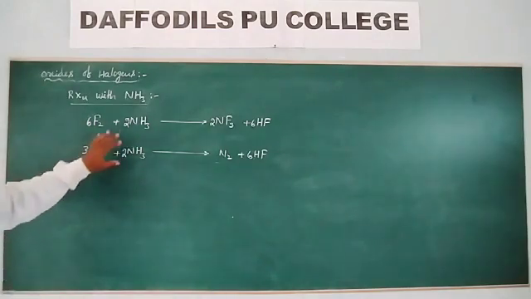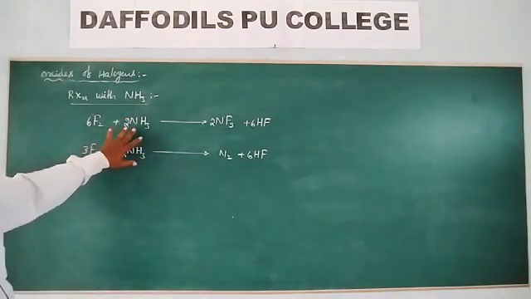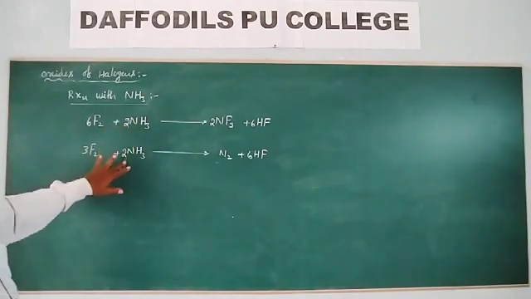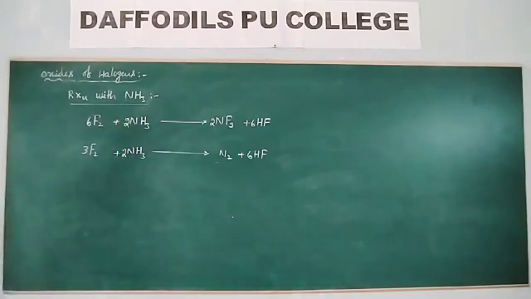Now look here. In these two balanced equations, ammonia moles are the same, but fluorine moles are different.